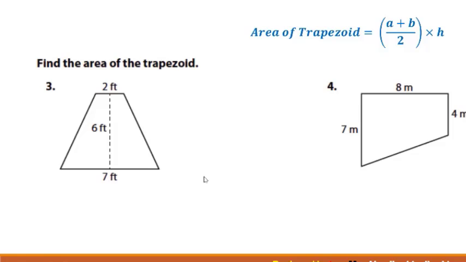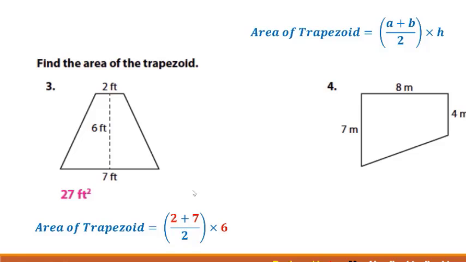So I write it in this form: 2 plus 7 divided by 2 times 6. So my area will be 27 feet square.